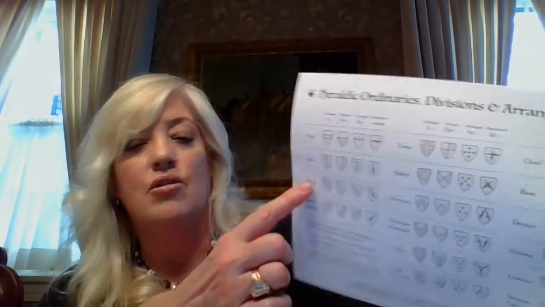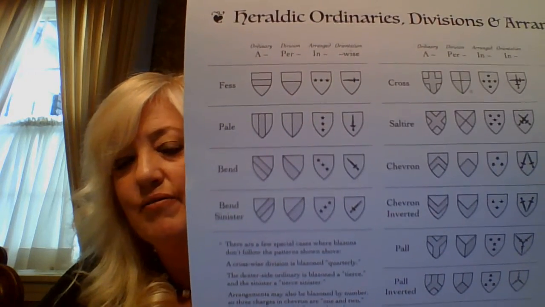Our third is called a bend. Now, this bend is something kind of interesting. If you're a knight and you're wearing a shield, the right side of your shield is called the dexter. The left side is called sinister.